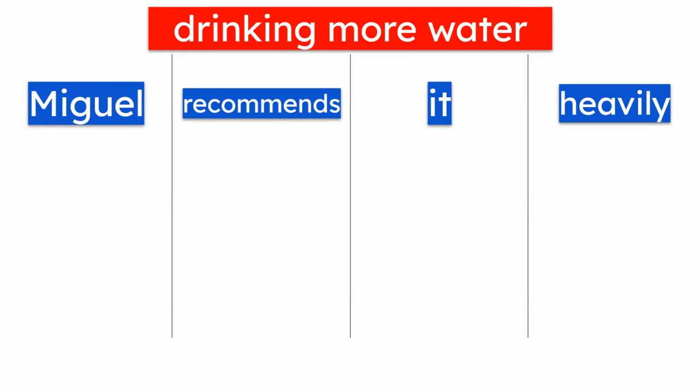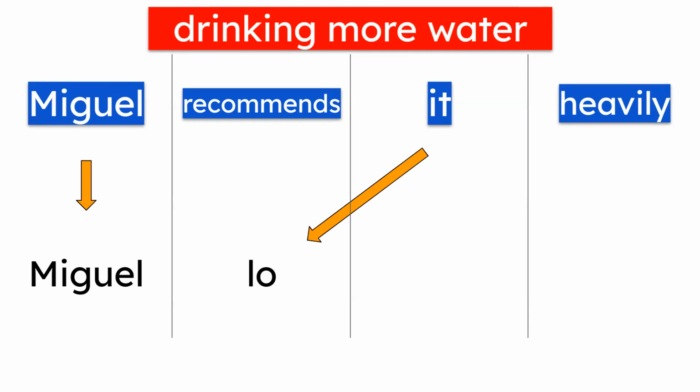So the sentence would be Miguel lo, and to recommend in Spanish is recomendar, and it's an irregular verb.